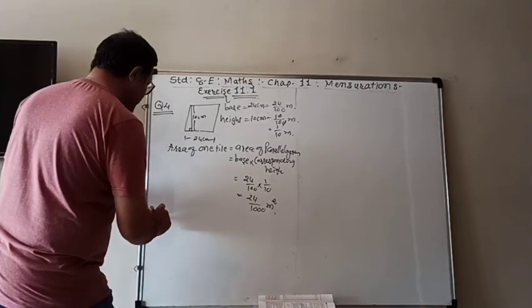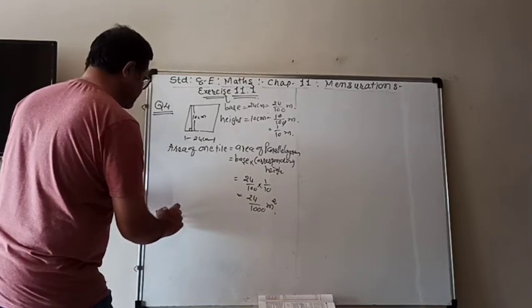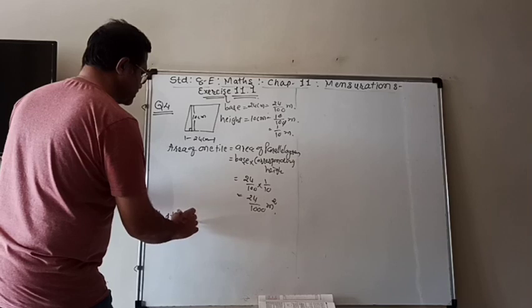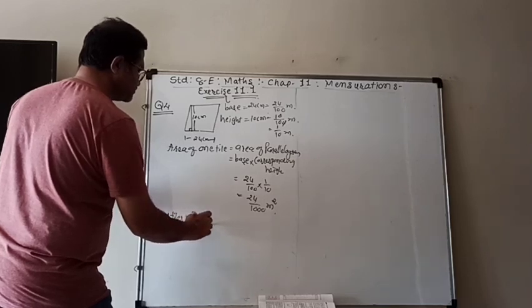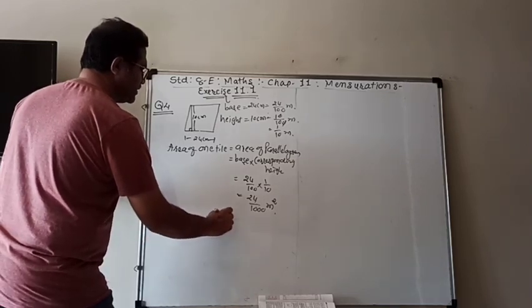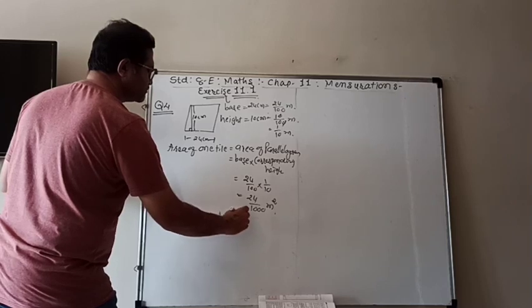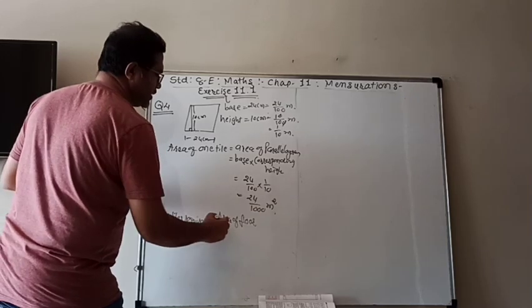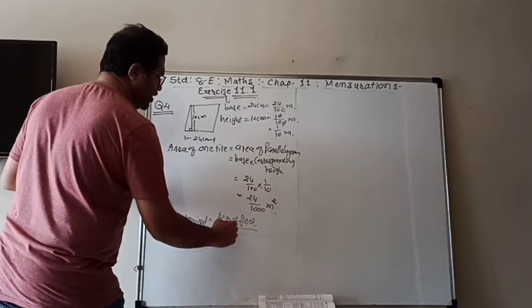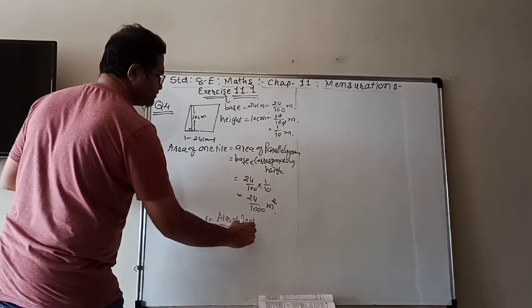So now number of tiles required is equal to area of floor divided by area of one tile.